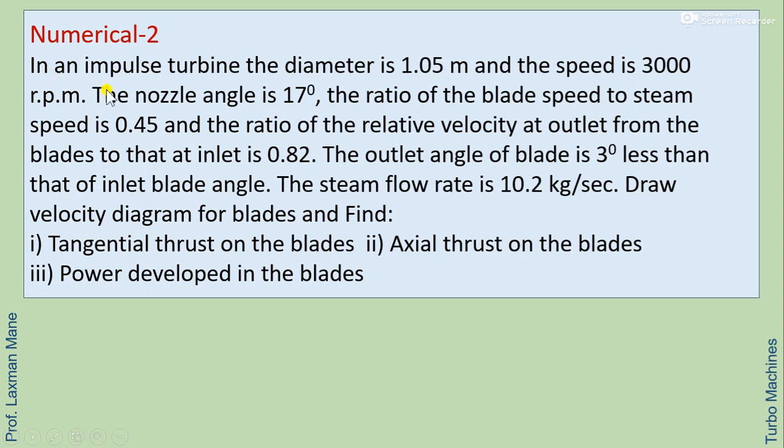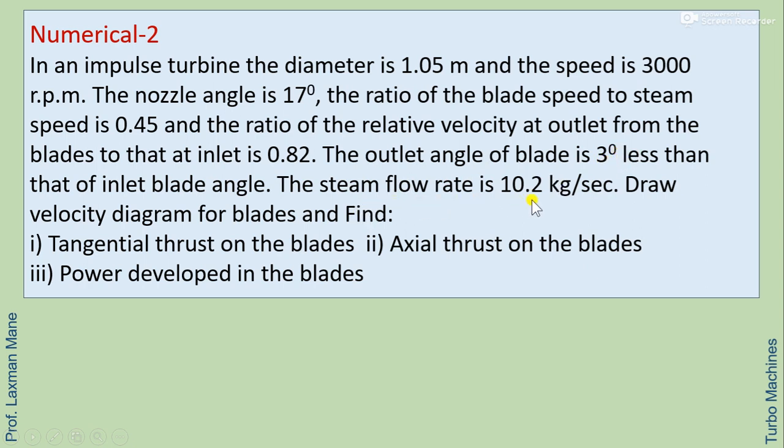Numerical 2. In this numerical, the impulse turbine diameter is given, speed is given, nozzle angle, ratio of blade speed to steam speed, and ratio of relative velocities. The relation between outlet blade angle and inlet blade angle is given, that is 3 degrees less.